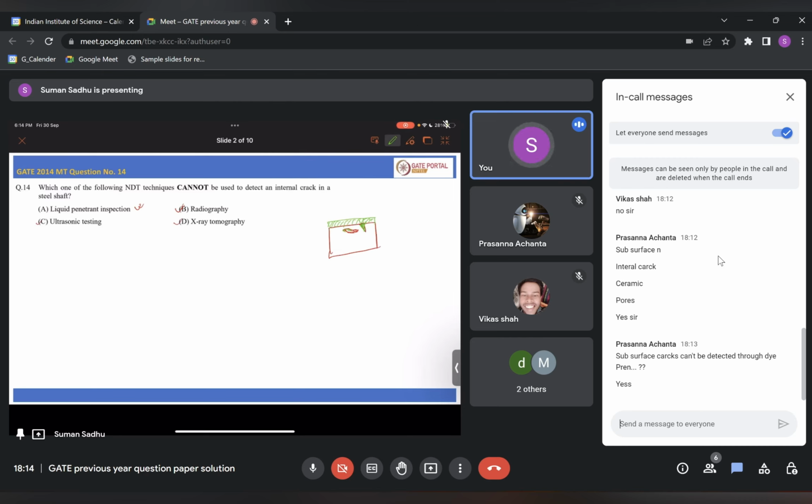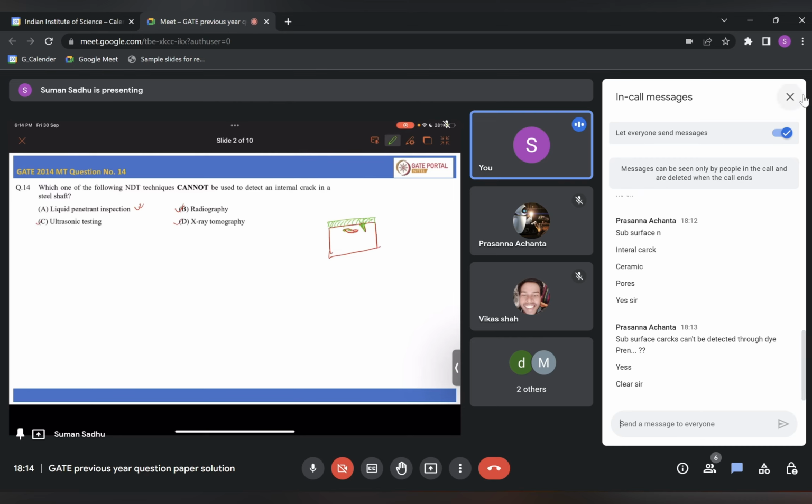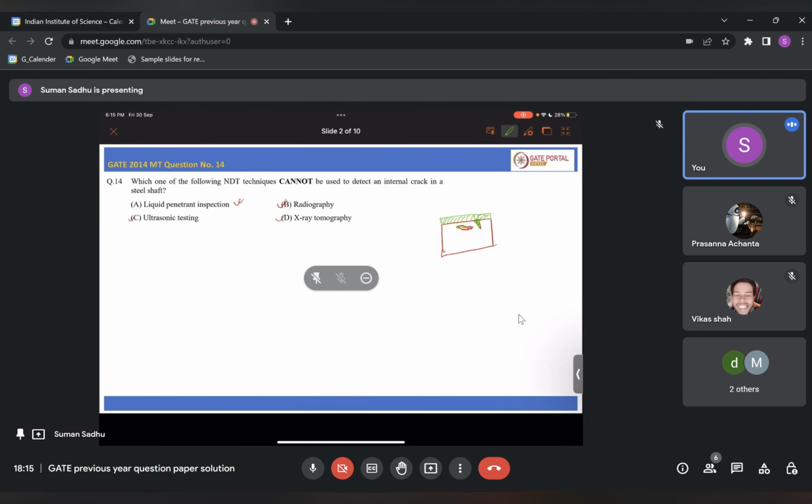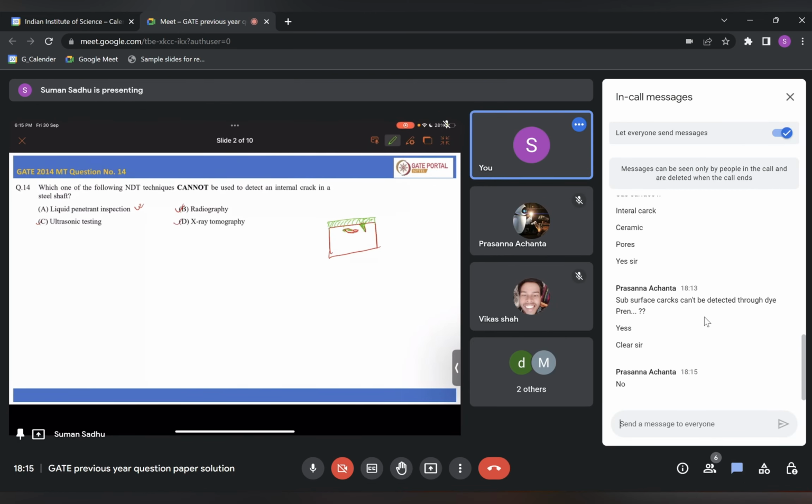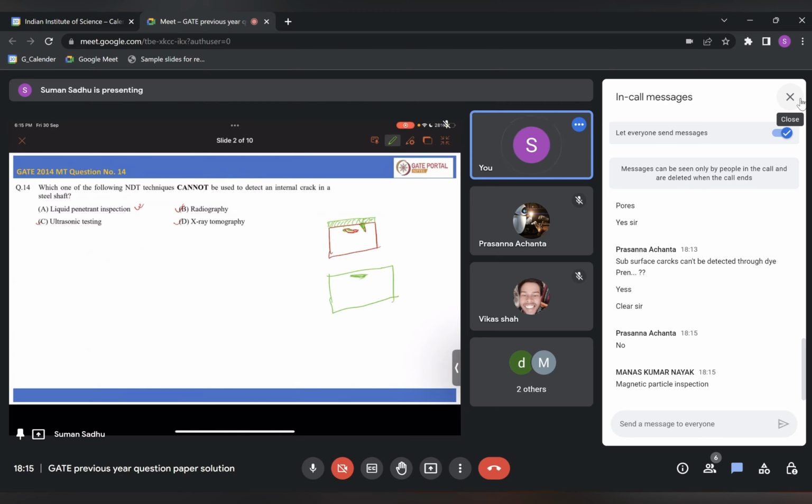For subsurface cracks, one technique is also there, magnetic inspection. Have you heard about this? Okay, so in that case, let's say this is your sample, and this is a subsurface crack. If you apply a magnetic field on this sample, what will happen?